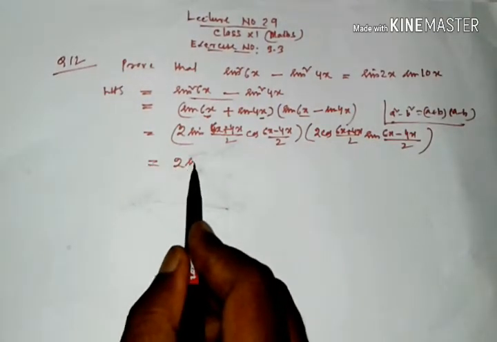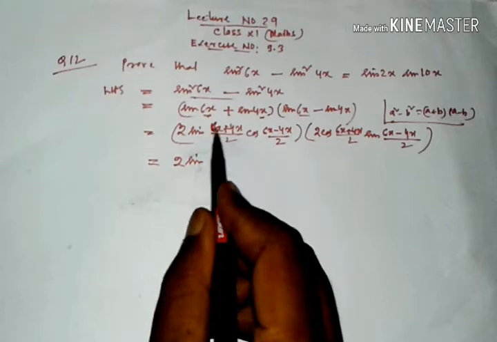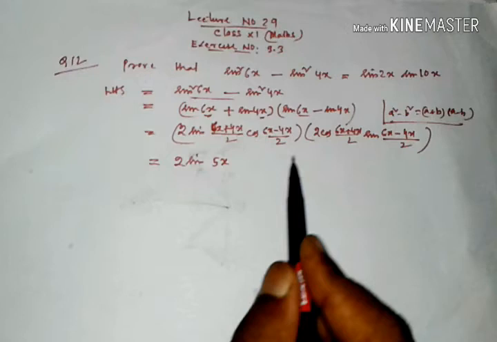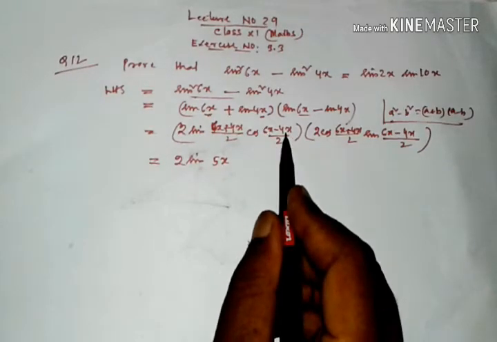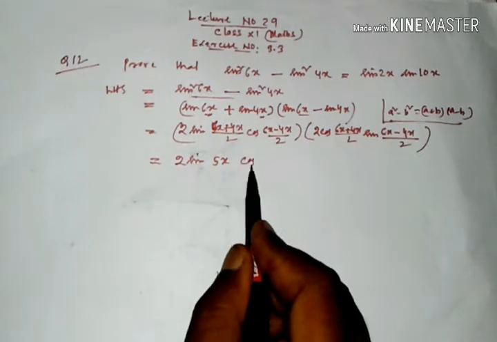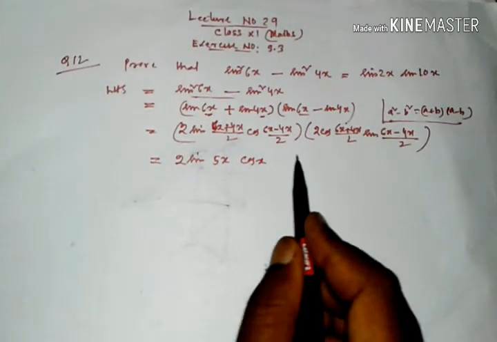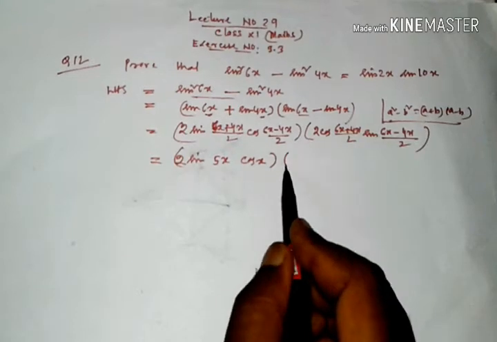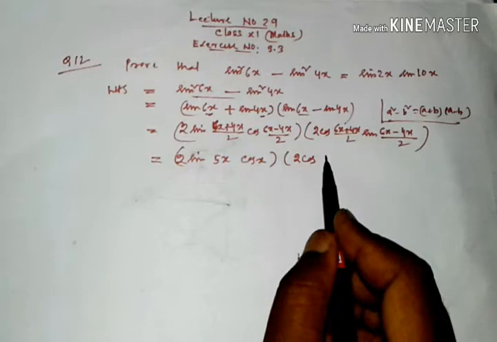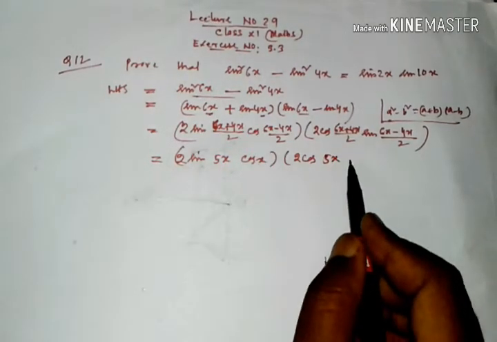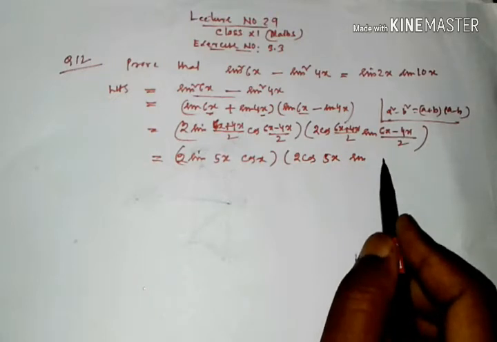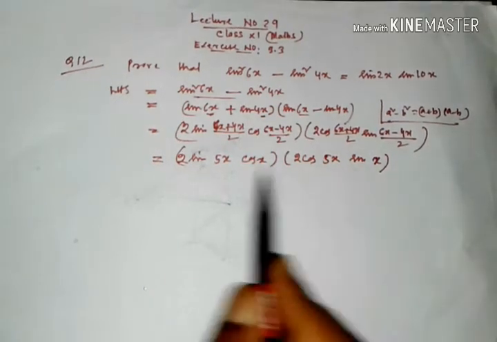Now we have to simplify it. 6x plus 4x is 10x, divided by 2 this is 5x. 6x minus 4x is 2x, divided by 2 this is x.